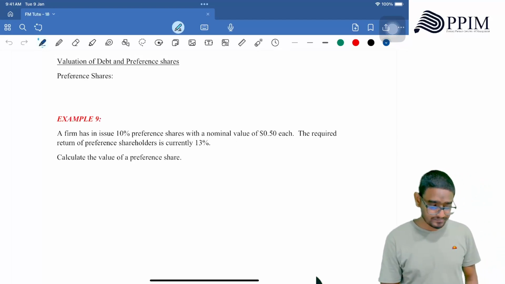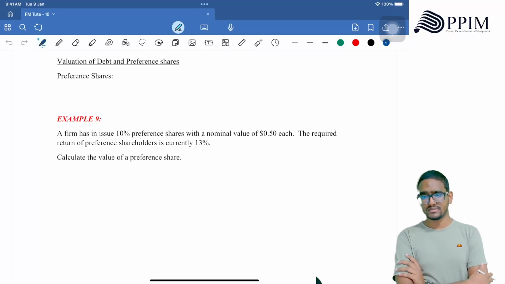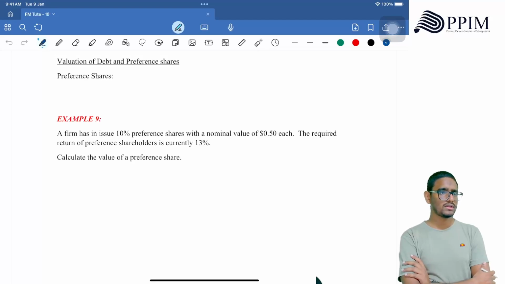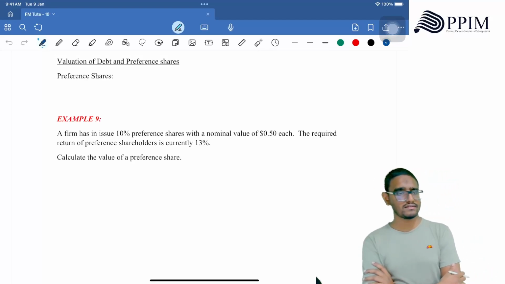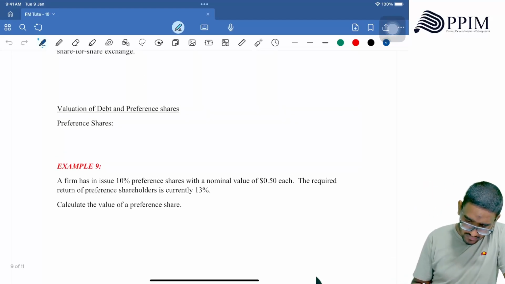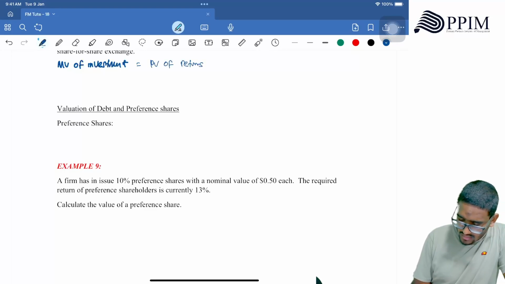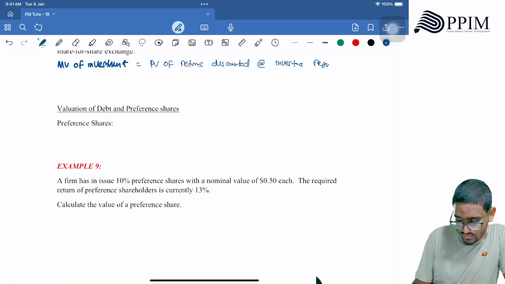We said let's consider that the market value of an investment is equal to the present value of its returns, discounted at the investor's required rate of return.